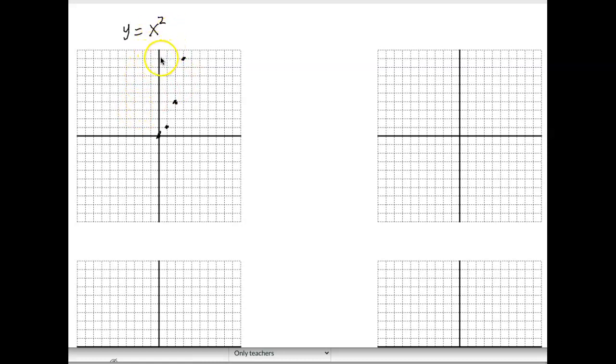Because y equals x squared is even, that means it's symmetric across the y-axis. So we'll have negative 1, 1, negative 2, 4, and the point negative 3, 9. And so here is our parabola.